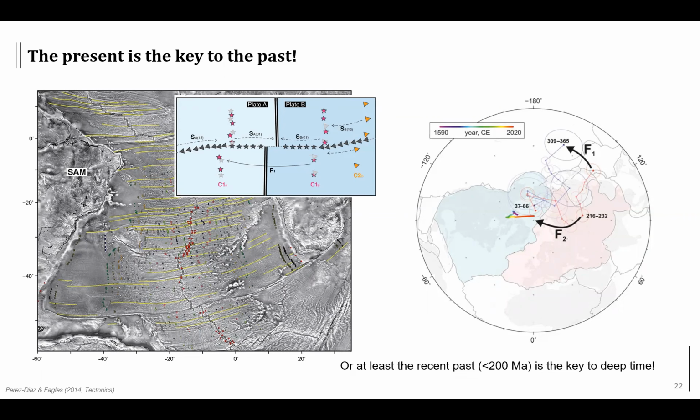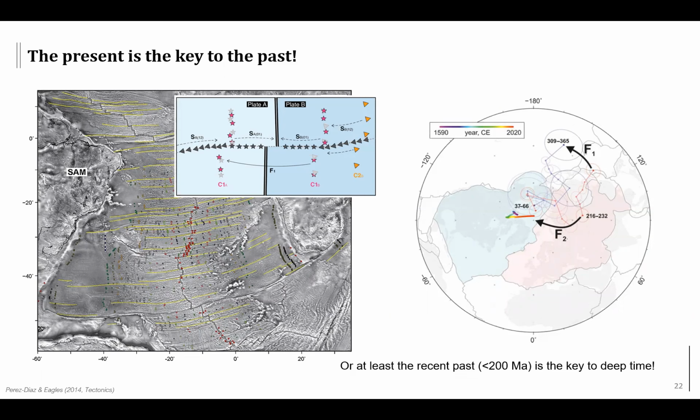So if we, for a moment, put our focus on building some very robust models for this recent past, for the time where we have oceans, when we have oceanic lithosphere, so up to about 200 million years, then maybe we can use what we learn from those models.